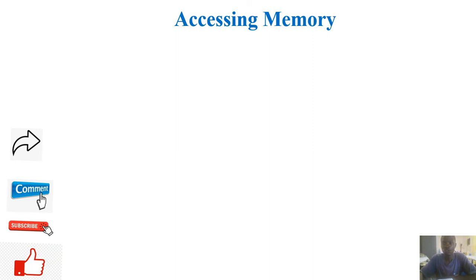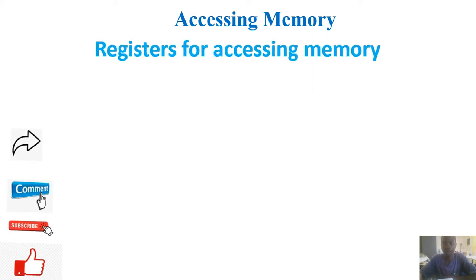Right, so to access memory, we can use the following registers. We have BX. In general terms, we use base registers and index registers. These are the registers that we use to access memory. Which base registers do we use?